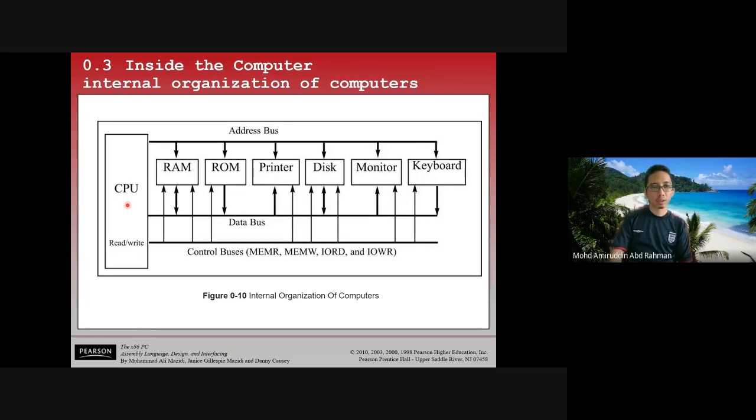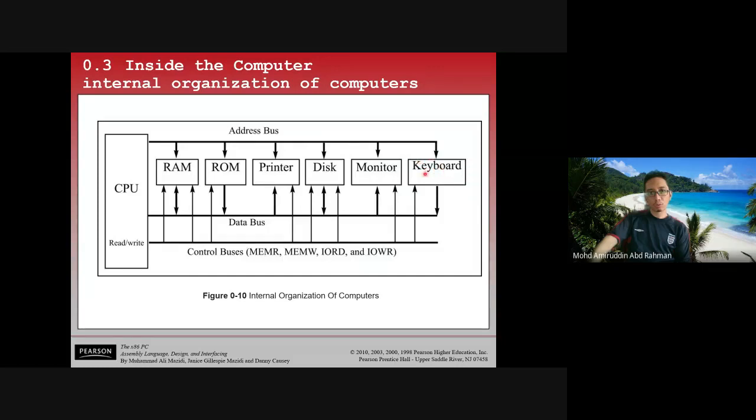And for the printer, because the printer is an output device, the CPU needs to send the information to the printer. This drive is similar to the RAM function, so it will be in both directions. And the monitor will be just output. To display the information, it is just from the CPU to the monitor.